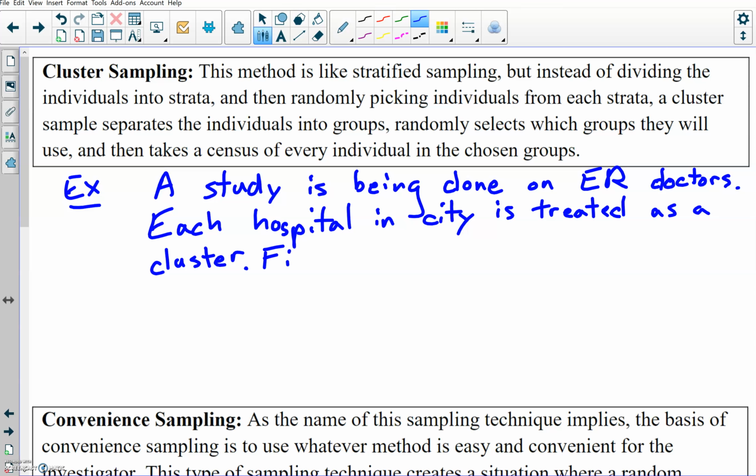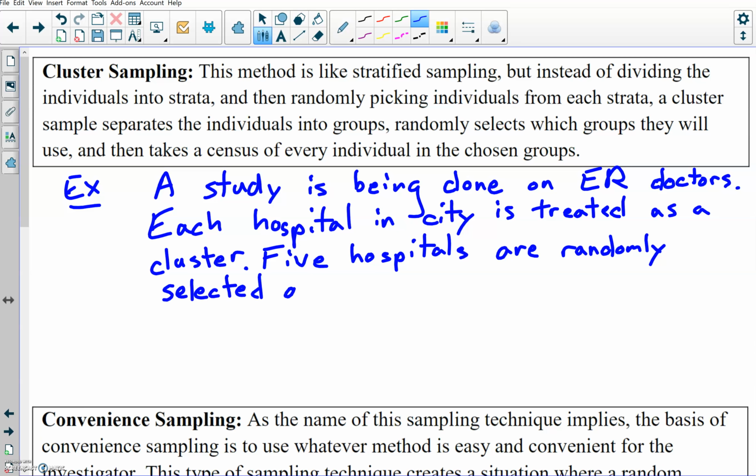Five hospitals are randomly selected and all ER doctors are polled.